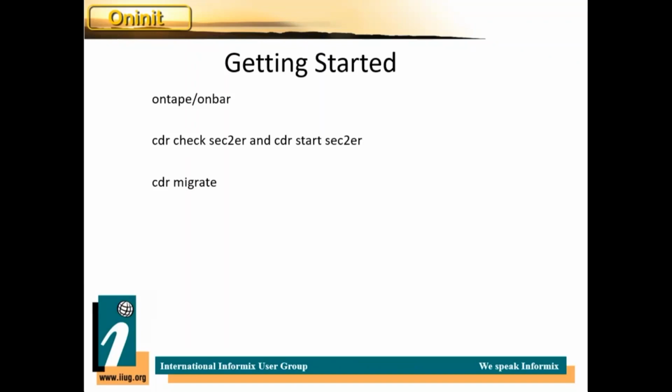We also have the ability, if you're working on an HA cluster of some description, HDR, RSS, to run a CDR check sec to ER, and that will convert an HDR node or an RSS node to an ER node. And then, like before, you'd have to start it.